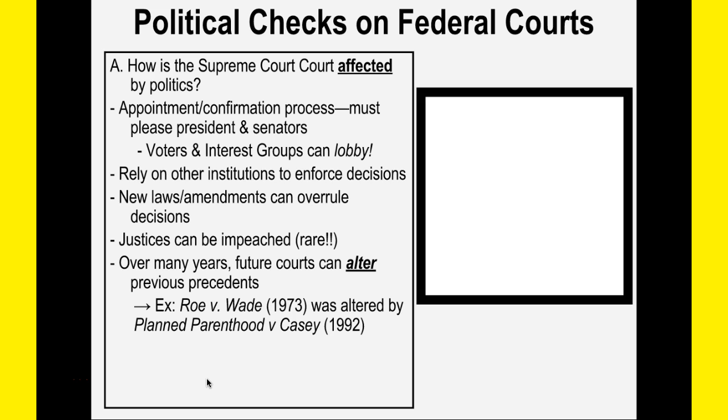Many people still have negative feelings towards it. In 1992, the Planned Parenthood versus Casey ruling came in, a good 20 years later, and it didn't overturn Roe v. Wade, but it did allow for the states to restrict, to make abortion access a little harder to get. So over time, the court can alter and limit previous precedents.